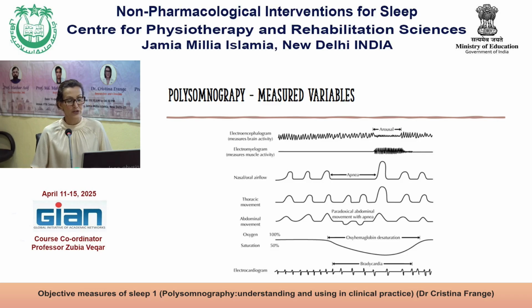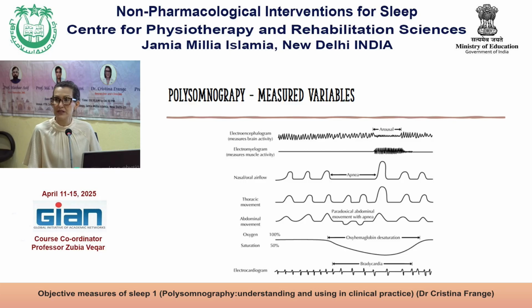And here I brought some measured variables just for you to see the EEG, how it looks like. For example, an arousal. It will look like this thing here. So we will have reduced amplitude of the brain waves and with higher frequency.